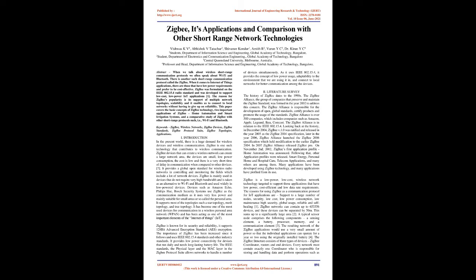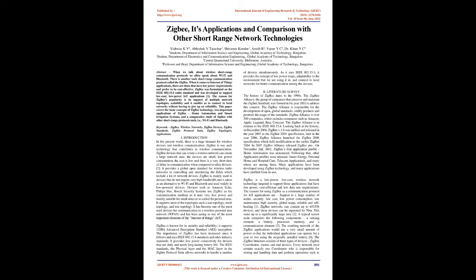Published by http://www.ijert.org, International Journal of Engineering Research and Technology, IJERT, ISSN 2278-0181, Volume 10, Issue 06, June 2021. Zigbee, its applications and comparison with other short-range network technologies. Vishwas KV, Abhishek V Tatachar, Shivanee Kondur, Amith R, Varun YC, Dr. Kiran YC.